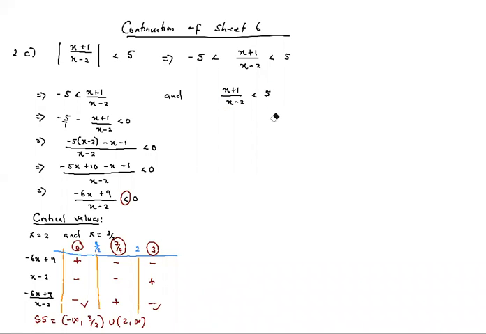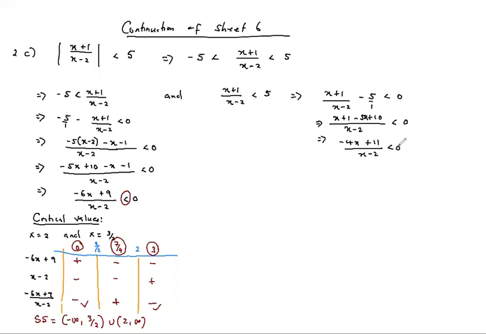So when we solve that, again, same approach: (x + 1)/(x - 2) - 5 is less than 0. So we have x - 2, and then we have x + 1 - 5(x - 2), which is x + 1 - 5x + 10, less than 0, so that we get (-4x + 11)/(x - 2) less than 0.